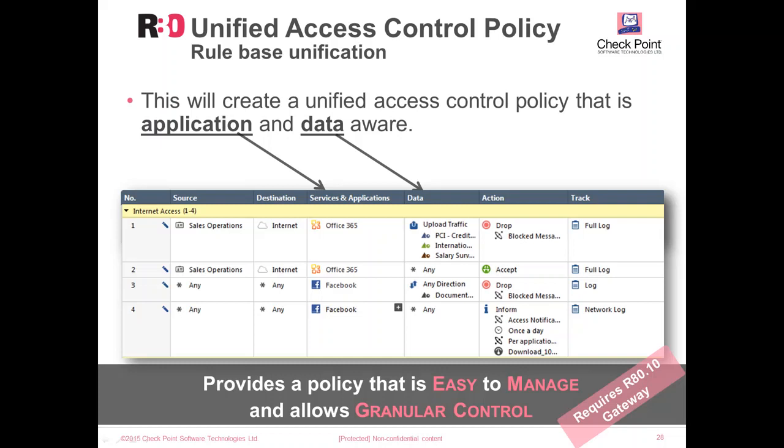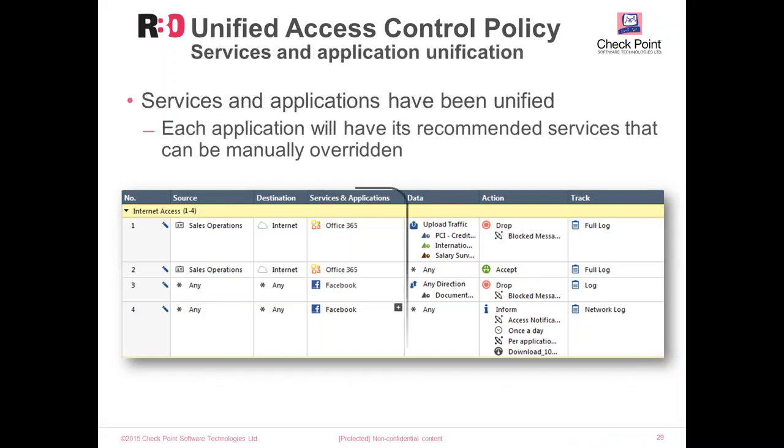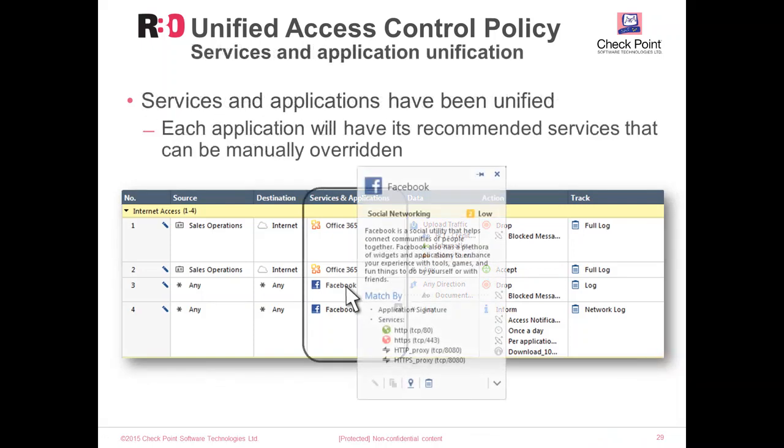Now, please remember, to create a unified access control policy, we need to push this down onto R80.10 gateways. The R77 gateways do not support the unified access control policies. Inside the rule base, under the services and applications column, we have unified services and applications into one object.